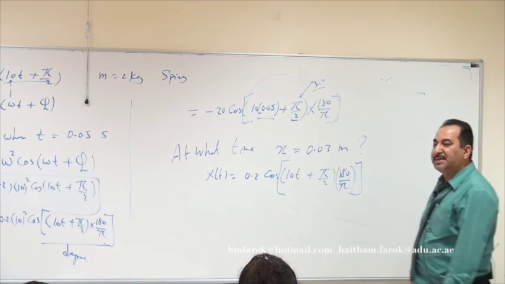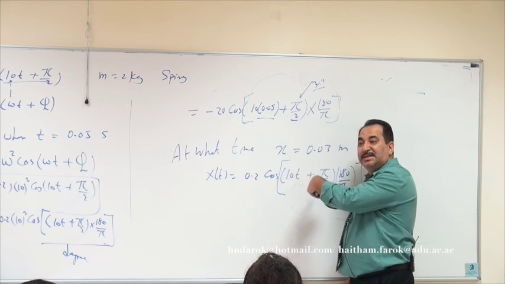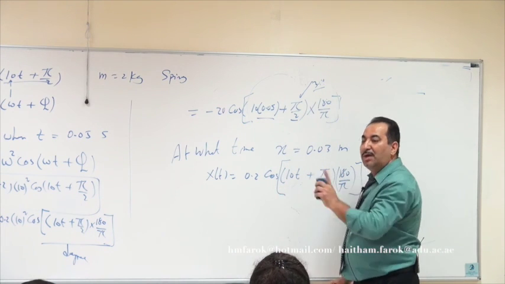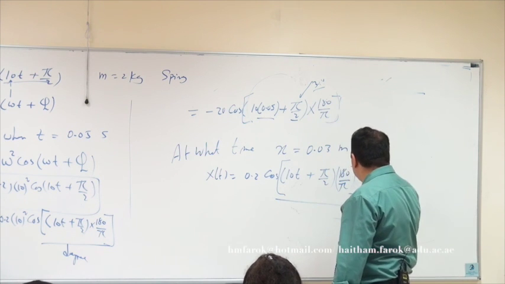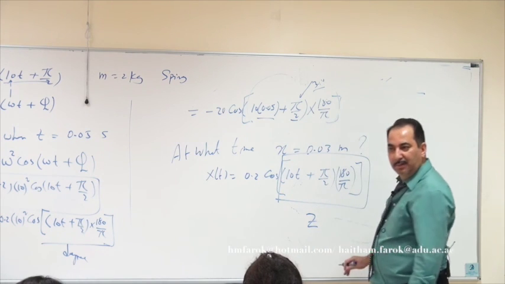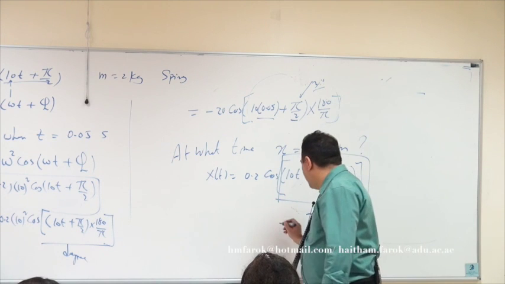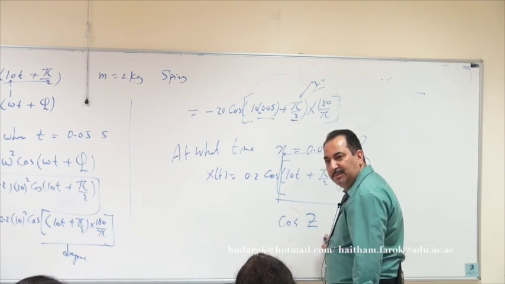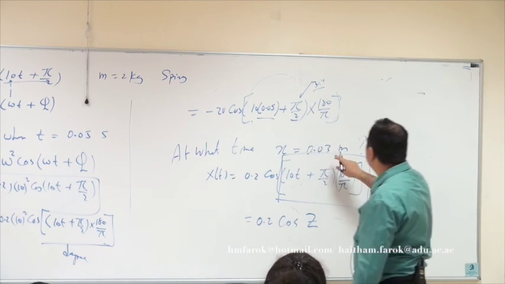Now this time, what do you want? The t is inside or outside? Because t is inside, all this I call z. So what do you have now? Cosine z equals 0.2. What is x in this question?